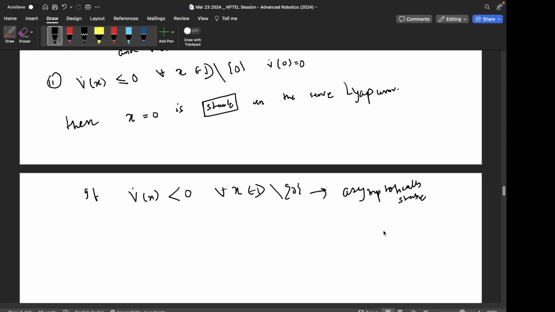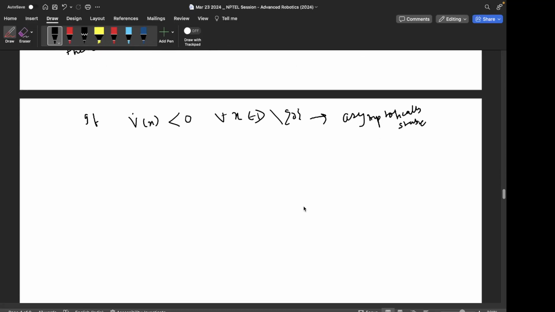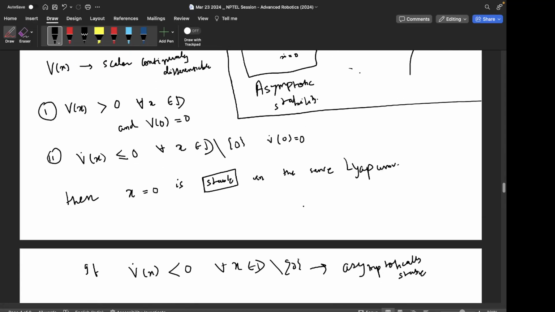So the difference between just stable and asymptotically stable is that in the just stable case, it is not guaranteed that the system state will return back to x equal to 0. It will stay in that region, but not necessarily come back to x equal to 0. But for asymptotically stable systems, it is guaranteed that after some time the system will come back to x equal to 0. That is the asymptotically stable system. Right? So, any doubt still here in the conditions of the Lyapunov stability criteria?